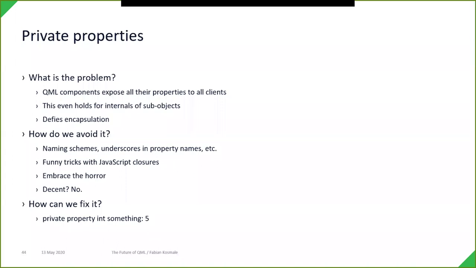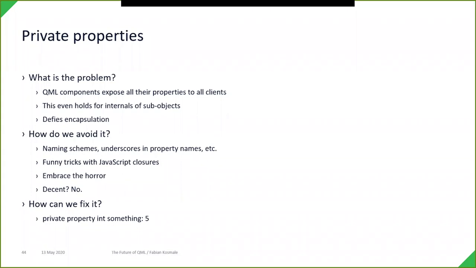So in practice, this leads to quite some ugly code where we use underscores or JavaScript closures to hide properties, or we just ignore the problem and tell our users to just not access those internals. And that's not really a nice way to handle this.